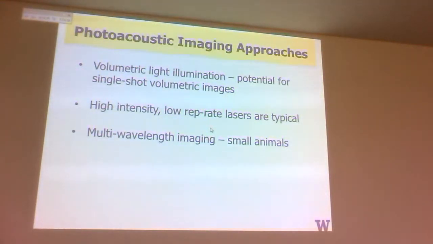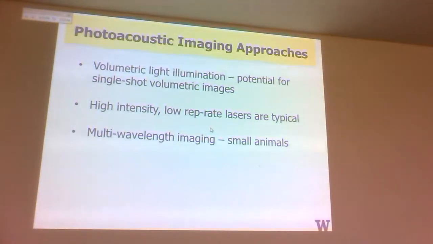It's appropriate where your total propagation paths are not too bad. When you get into much larger propagation paths, you have to worry about calibrations. Remember, your photoacoustic signal is the product of the fluence and the absorption coefficient. Once you start getting fluctuations in the fluence, you'll see wavelength-dependent changes.